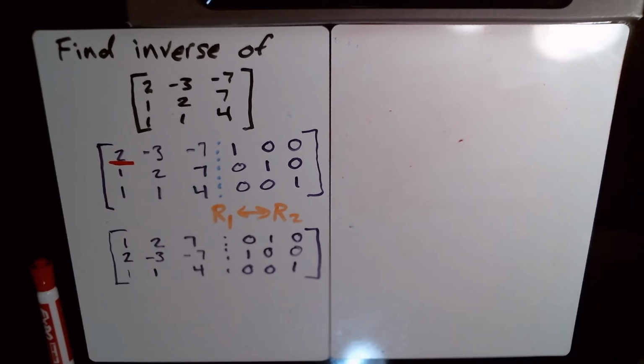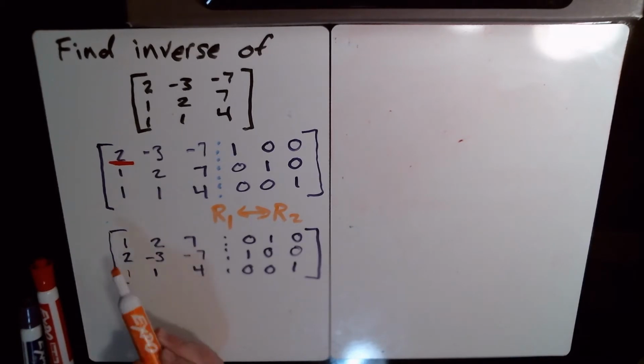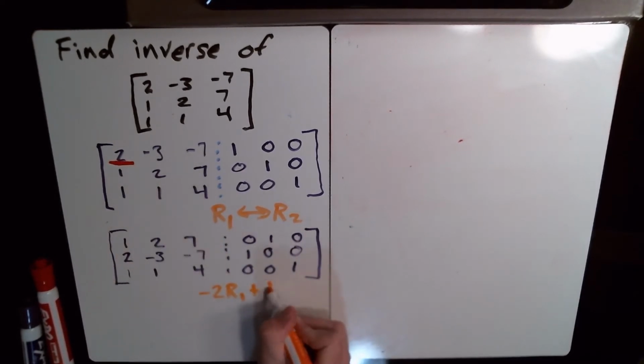Okay, so I now have a 1 up there in the corner, and I need to get zeros below it, right? So I'm going to use row operations to cancel out those 2 numbers. So from a positive 1 to get to 2, I'm going to do -2 times the first row and add it to the second row.